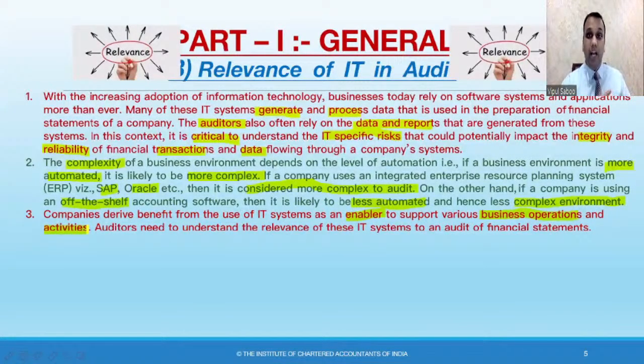As an auditor, I am going there, I am auditing the organization with an automated environment. So I need to understand what systems are being used, what information is being derived from those systems, and how well you can rely upon that particular information generated from those systems, keeping in mind what are the risks associated and how good are the controls.